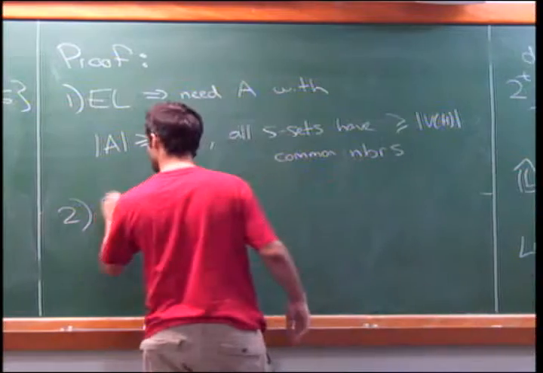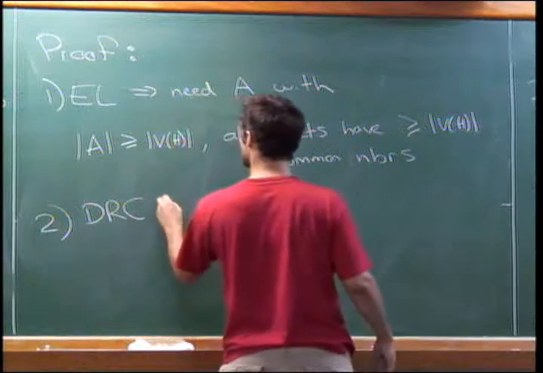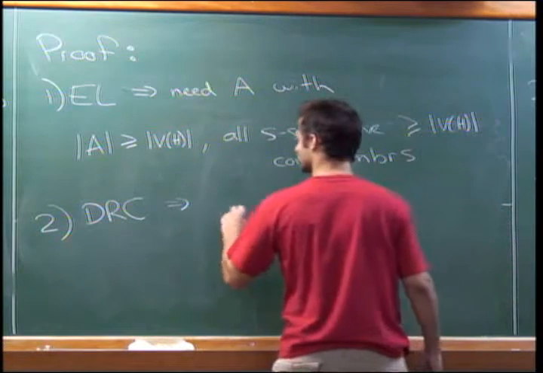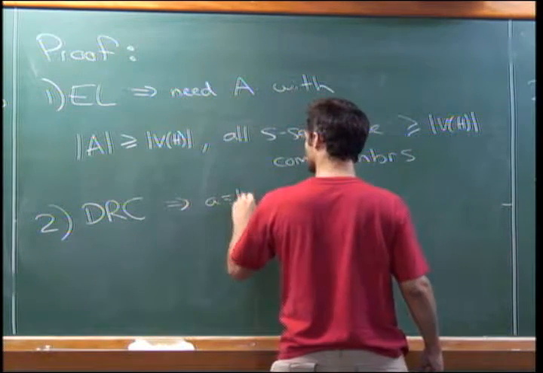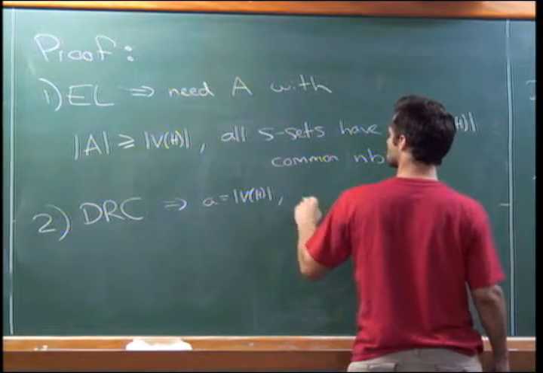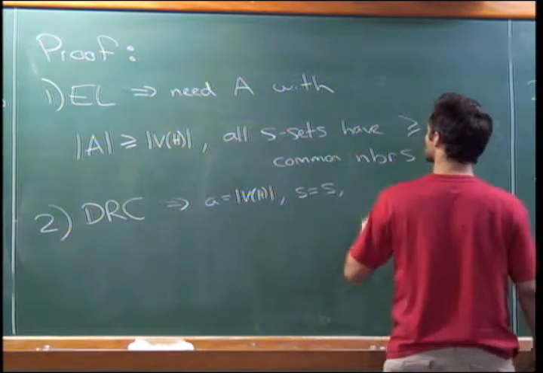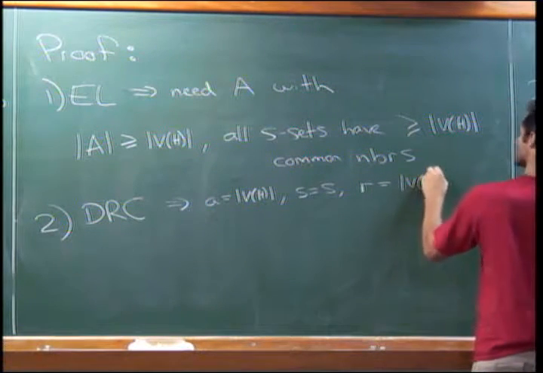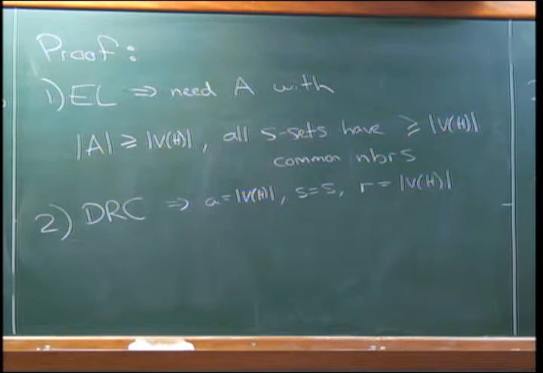Okay, so by dependent random choice, we're going to apply it with A equal to the number of vertices of H, S equals S, and R equals the number of vertices of H.